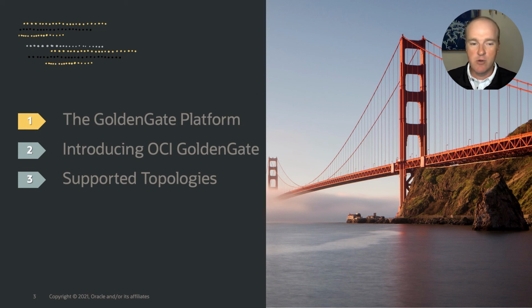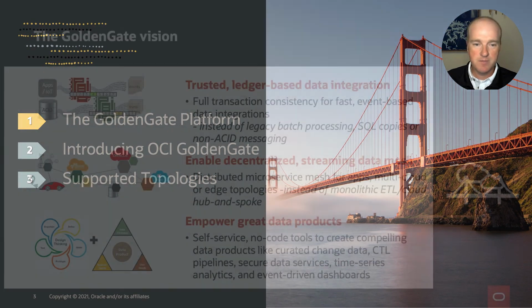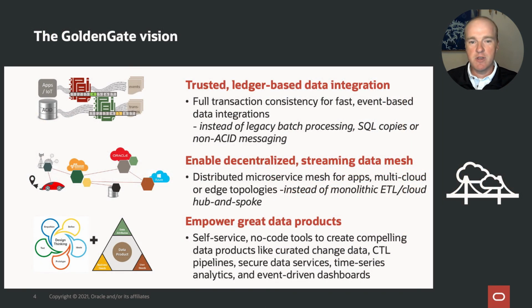Then we'll also talk through our supported topologies and a couple other items on OCI GoldenGate, and then get into how we can help you and how you can familiarize yourself with OCI GoldenGate as well.